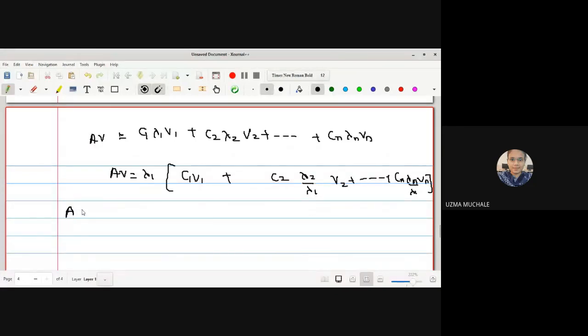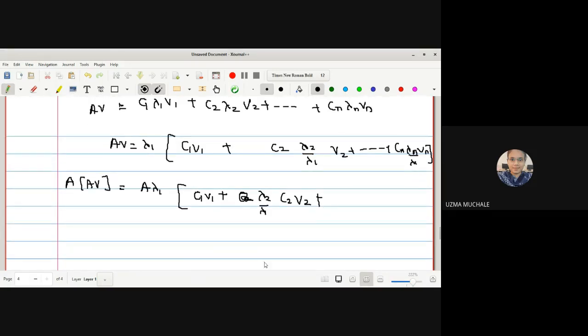Now if I multiply once again, I will get A into A v, which is equal to lambda 1. We have to multiply this inside and we get c1 v1, c2 lambda 2 upon lambda 1 c2 v2 plus so on, right? You will come to know how we are going to find the largest eigenvalue now. So here we get A square v is equal to lambda 1 into this bracket.